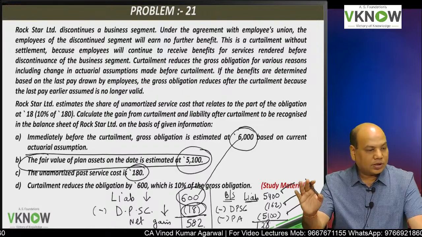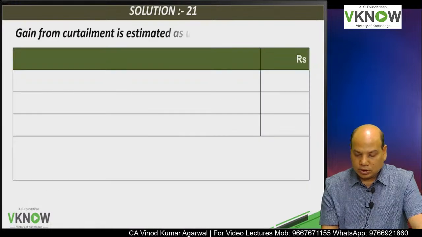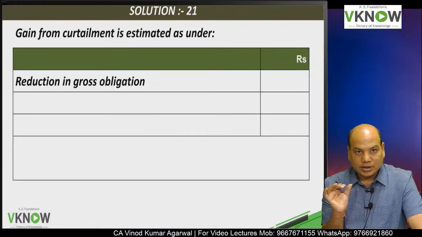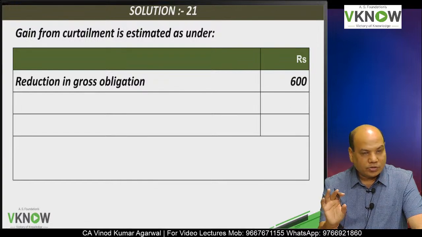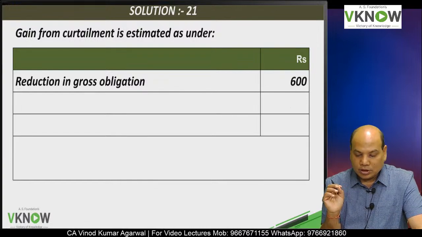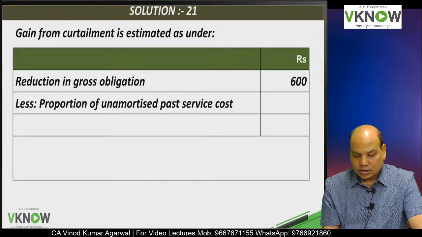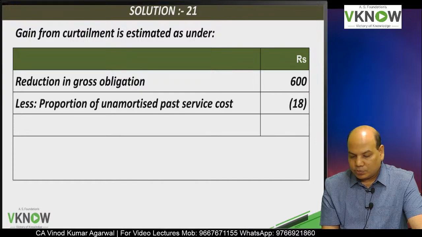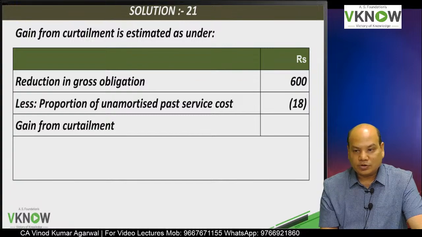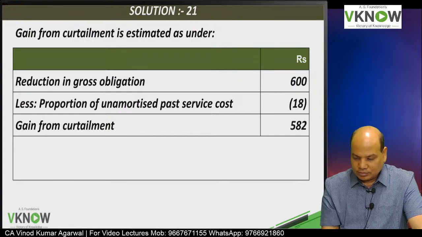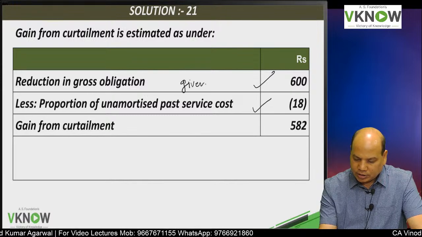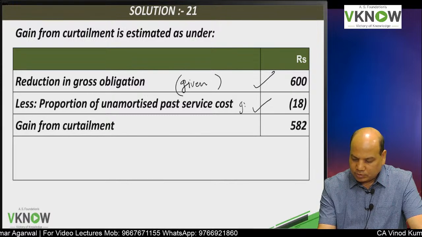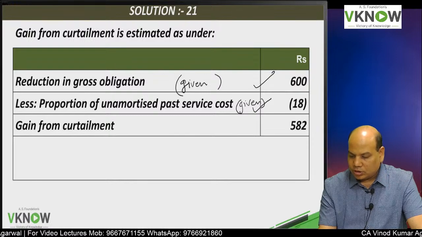Okay, so this is the answer I have given in the book. Let us tick the right answer. As per the question, the answer is smaller than the question. Reduction in gross obligation 600, less proportion of unamortized past service cost 18. Both figures are right there in brackets given in the problem. No calculation required.